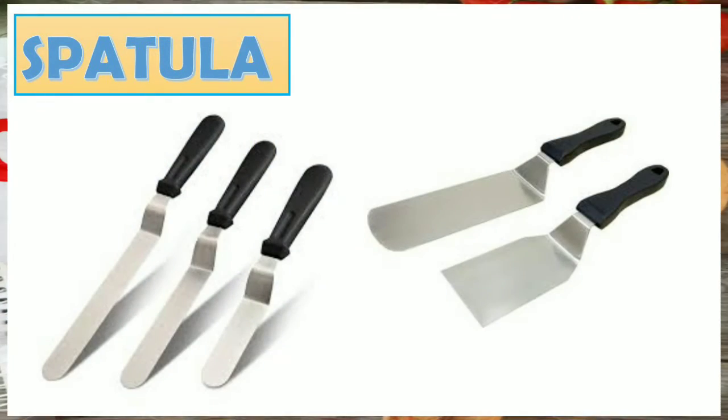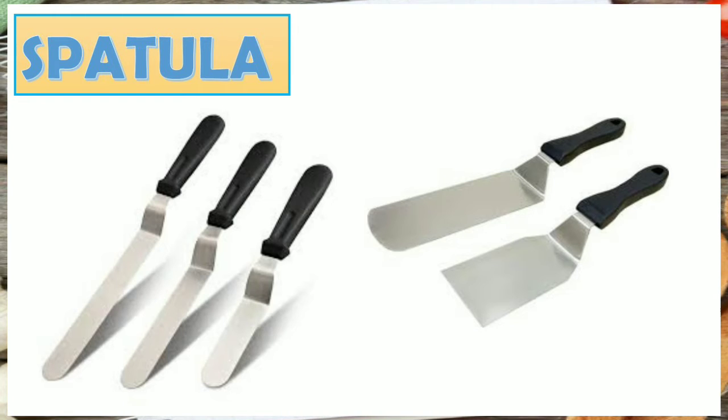Next, this one is a spatula. We use this for leveling ingredients, spreading, and frosting. You know what frosting is? The one that we put on a cake, or icing. And then we also use it for spreading or filling sandwiches.